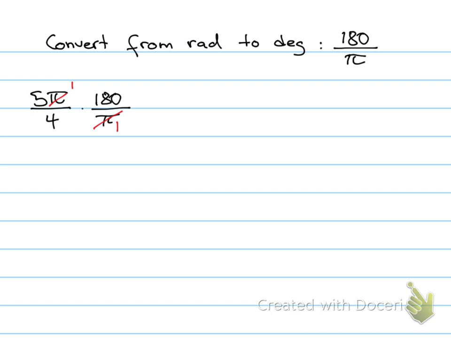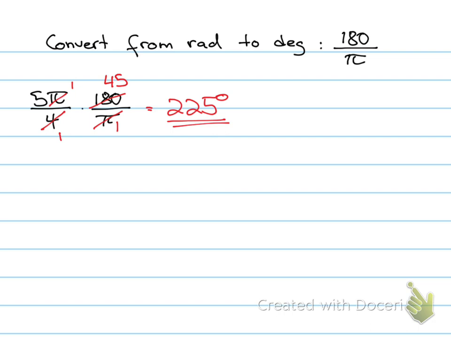We can also reduce further. 4 goes once into 4 and into 180 45 times. And now what we have left is 5 times 45, which in this case is 225 degrees.